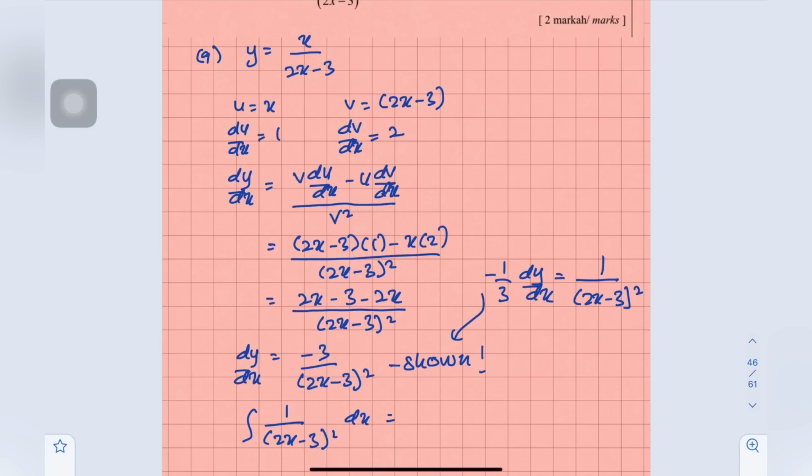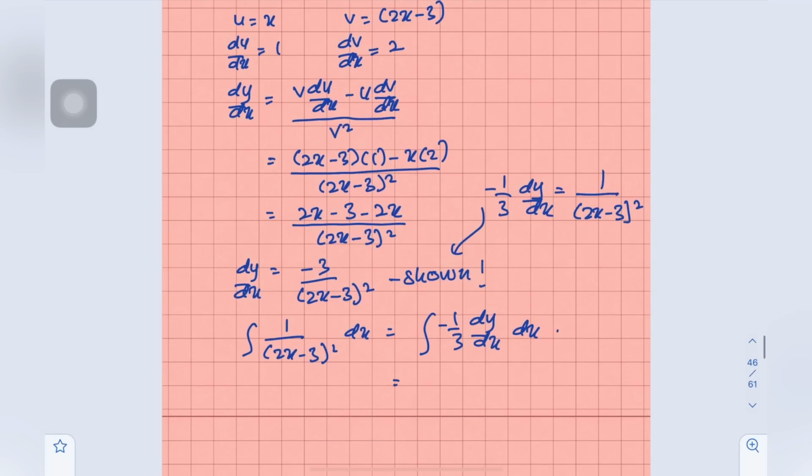So we substitute here negative 1 over 3 dy/dx dx. Okay, so negative 1 over 3 is a constant, so we can move it out.